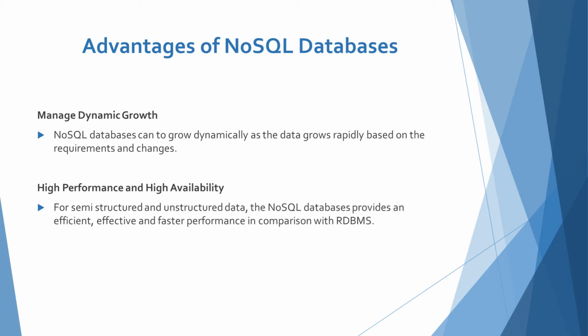And high availability. In RDBMS also we have this feature, high availability. Whenever we configure replication, the changes happening on one node will be replicated to the other node. If one node goes down, the other node will be available. In NoSQL databases also, we can configure the replication.